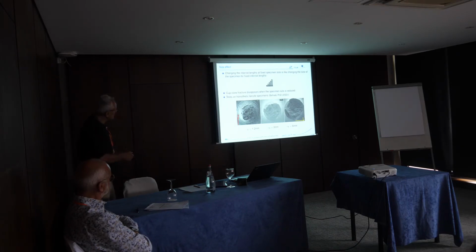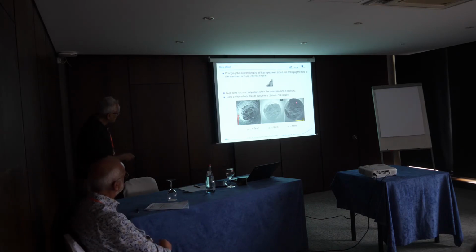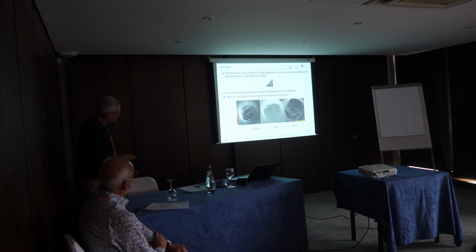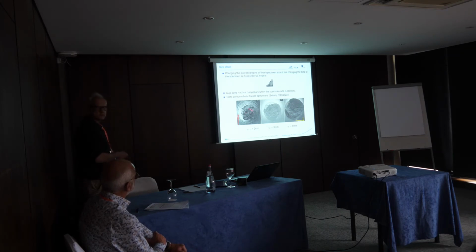What you see here in this example is that with a regular size specimen, you get the central flat fracture and the cup-cone fracture around. And for the small specimen, cup-cone fracture completely disappears. You just see dimples and flat fracture. Here we have the intermediate case where we still have a little bit of cup-cone, but obviously less than in the standard specimen.